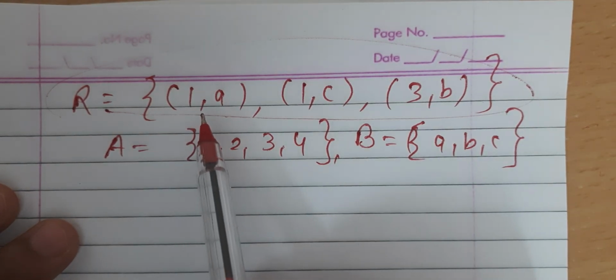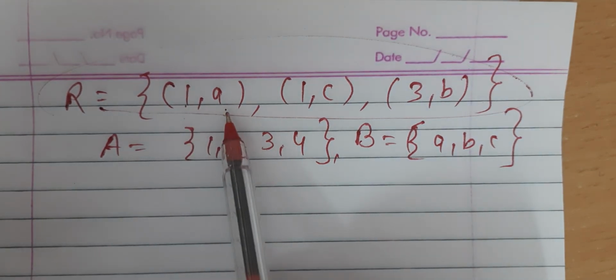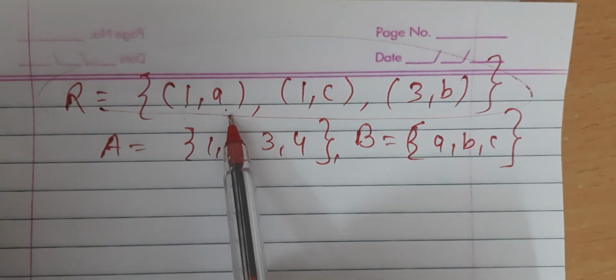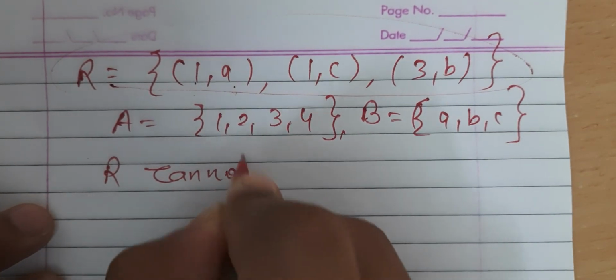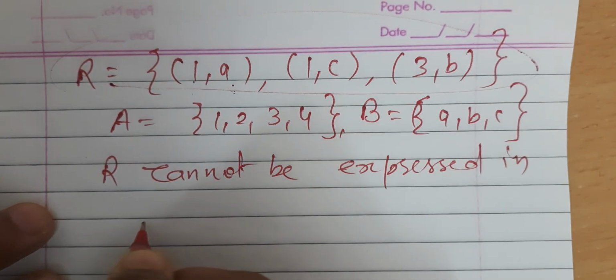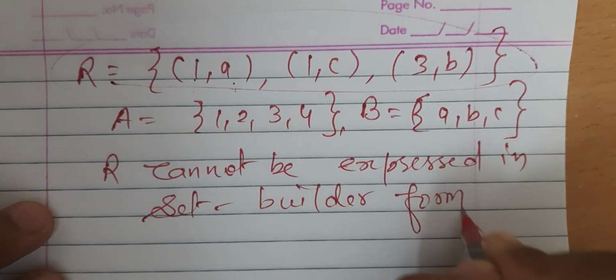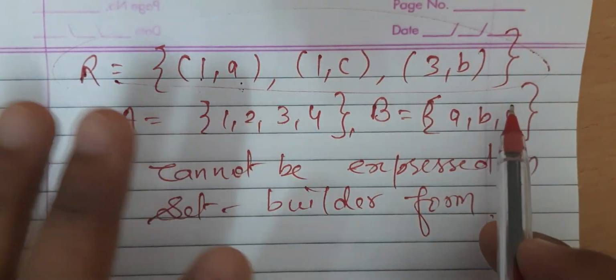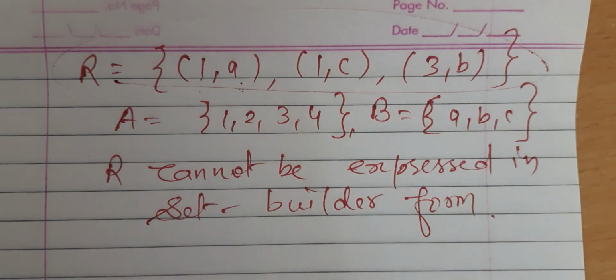So there is no way, okay, we cannot write that 1 is a square of this A or 1 is completely divisible by A. So here in this case this R cannot be expressed in set builder form, but it is written in the roster form, and it is a relation. A relation is already given, okay, but we cannot write it in the form of set builder form.